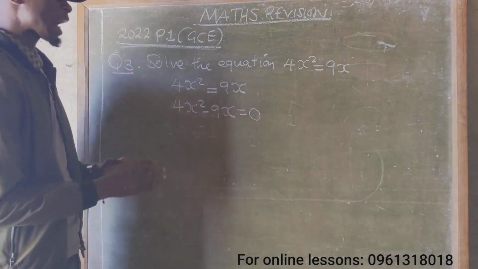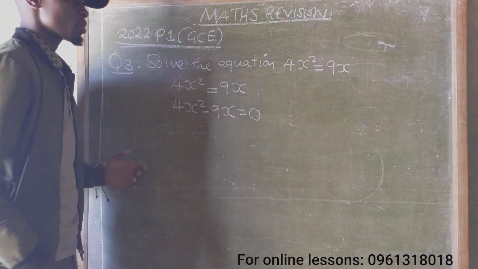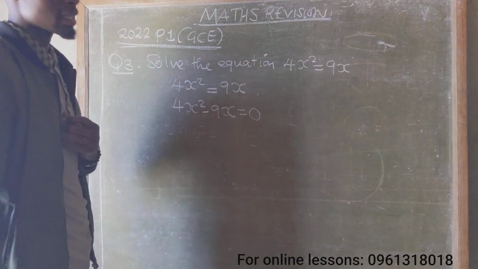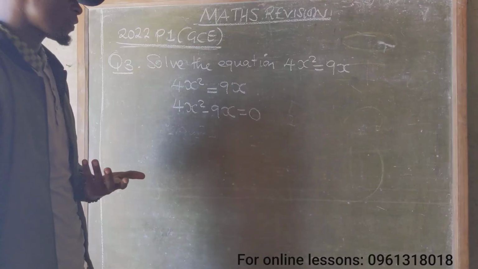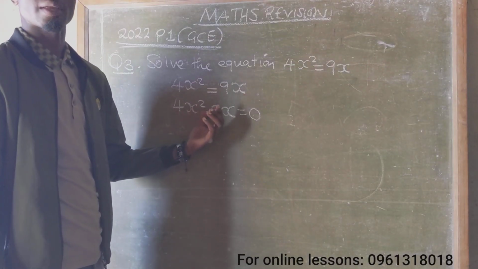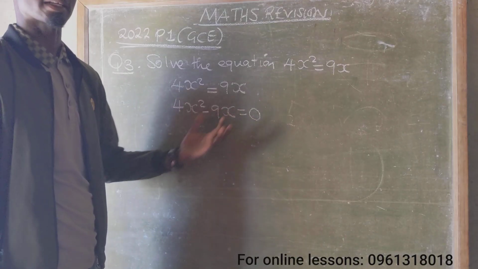Okay, so we have actually formed an equation equated to 0. Now, after that, you are trying to solve for the value of x. So how are you going to solve the value of x? Here you have two things: 4x to the power 2 and negative 9x.